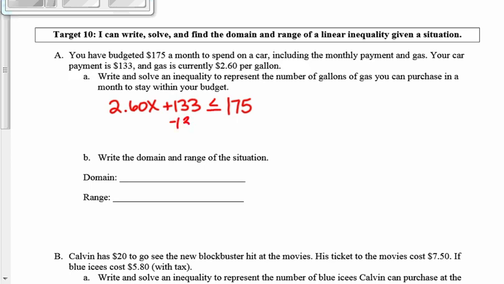I'm going to subtract 133. So now, just writing what I have left, kind of running out of real estate there, I'm going to go over here. If 260x is less than or equal to $42, I'm going to divide by 260.